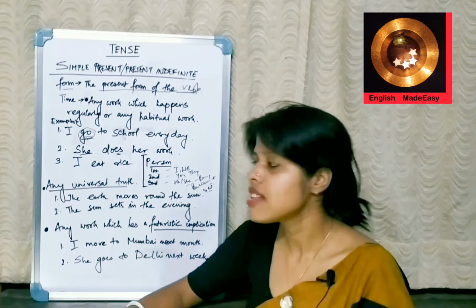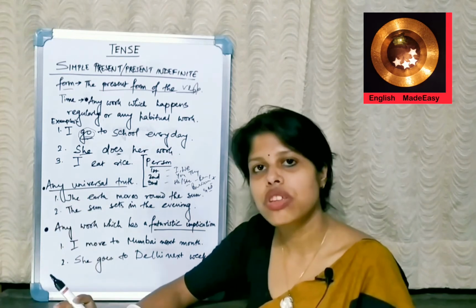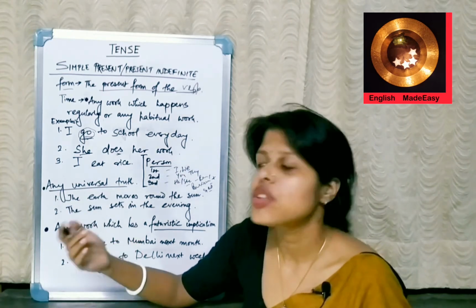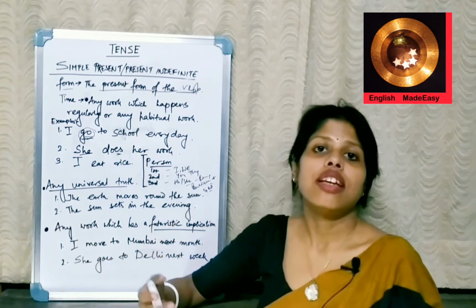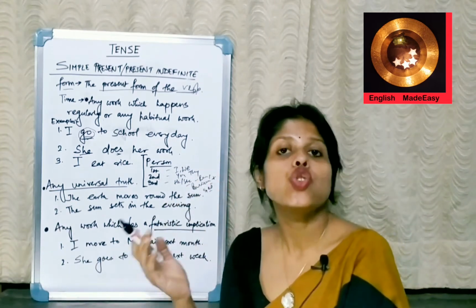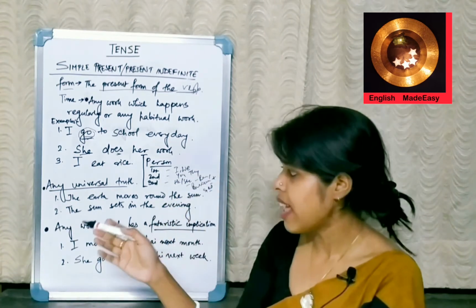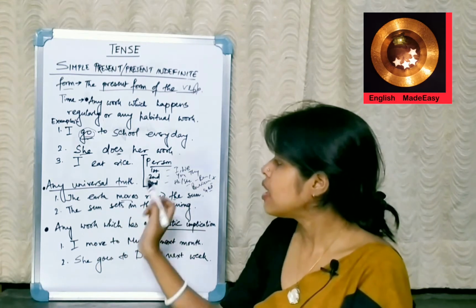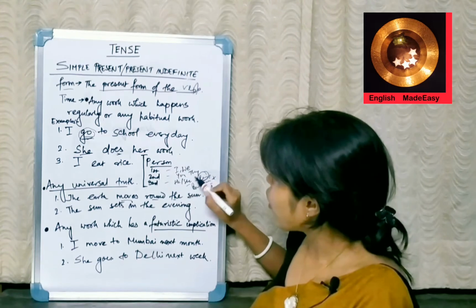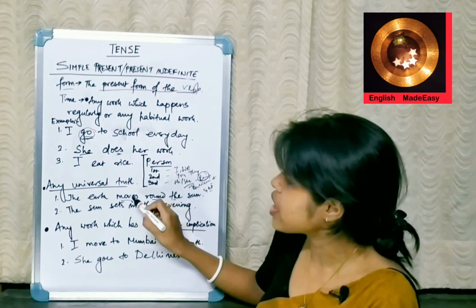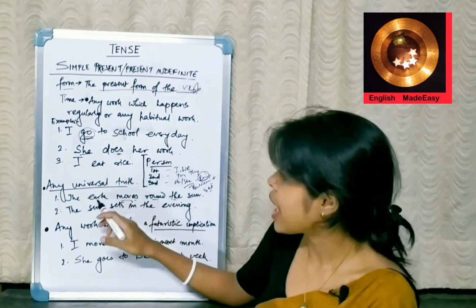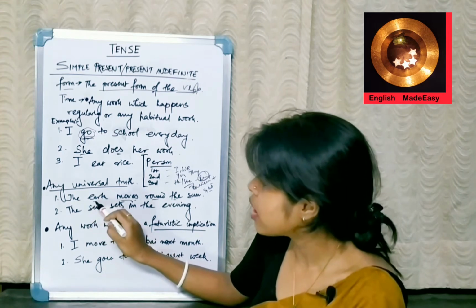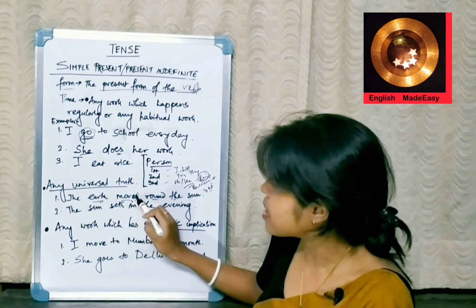Another application is any universal truth. What is a universal truth? A truth which will never change. Like the earth moves round the sun. Earlier I have told you with any name or he, she, we use s or es with the present form of the verb. That's why with the earth, we are using es.